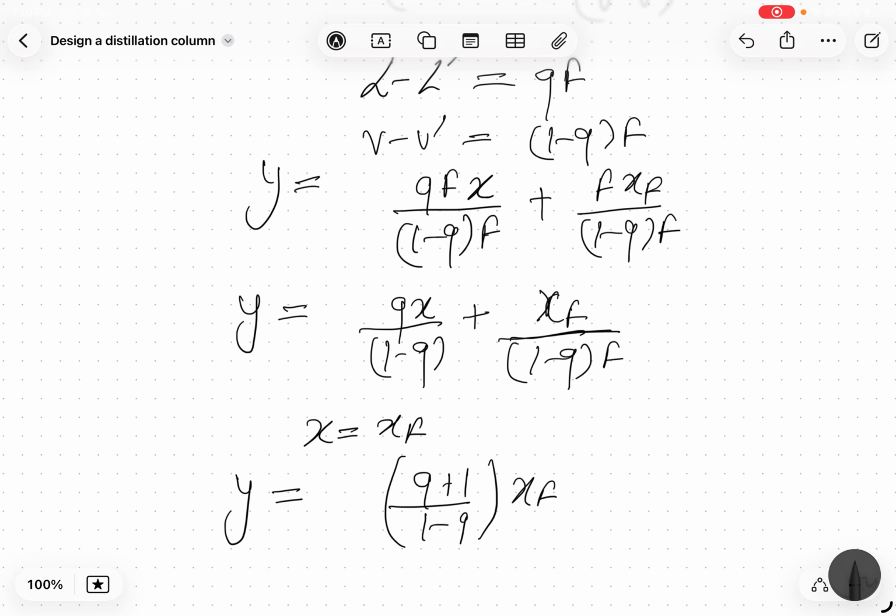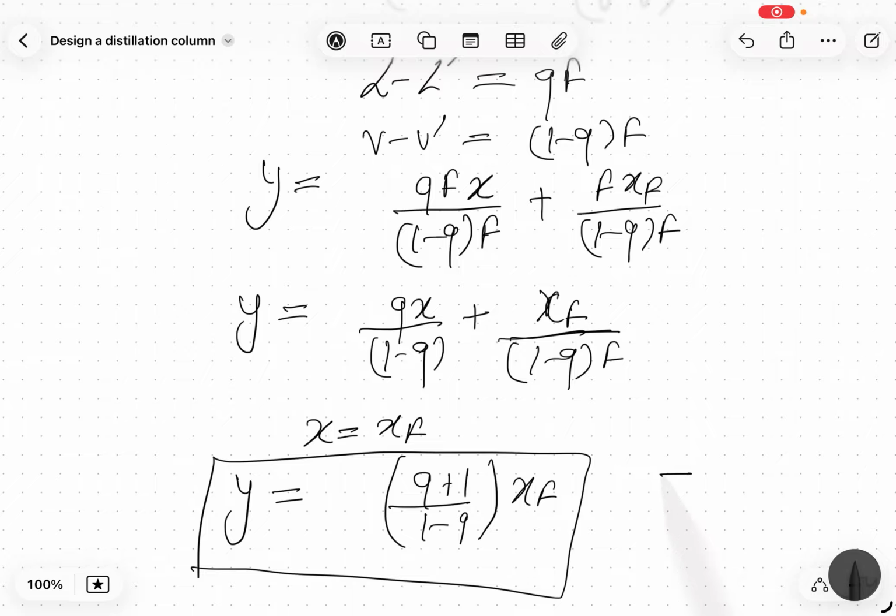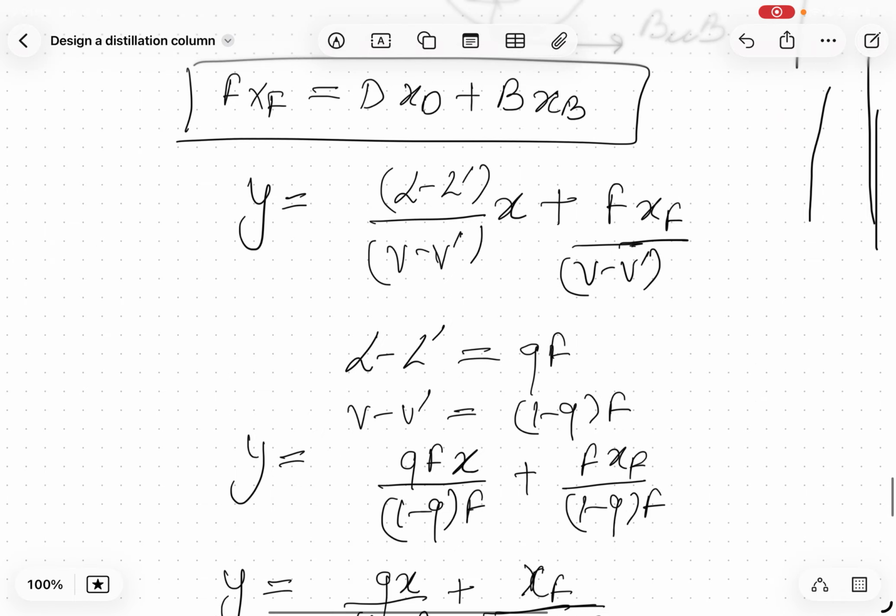So when X equal to XF, Y lies on this line. And the slope of this line will be minus Q upon 1. The slope of this line will be, wait a second, sorry, I have made a substitution error.